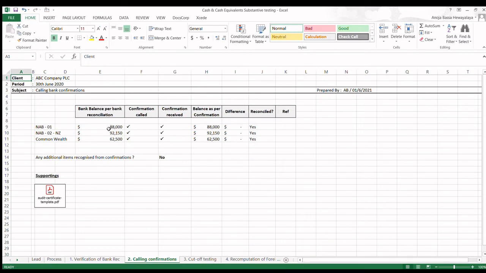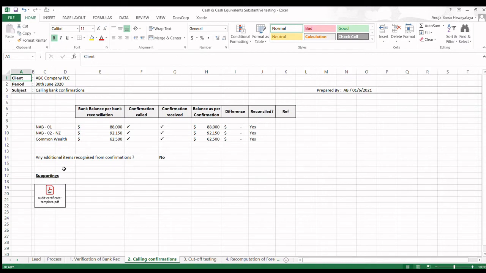In this column I have taken the bank balance as per bank reconciliation, and then I have ticked bank confirmation called, received, and then compared my balance as per bank confirmation with the bank balance per bank reconciliation. I have not identified any discrepancies, so that's good.